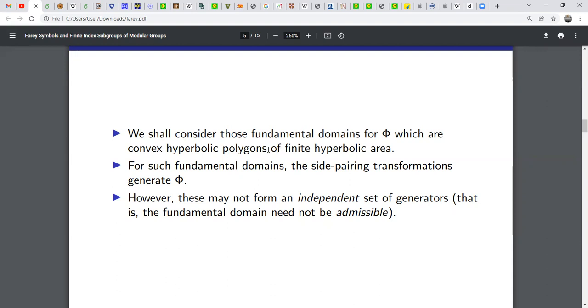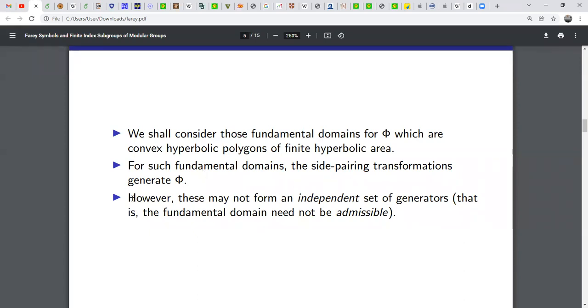And furthermore, we also assume that the hyperbolic polygons are finite in area. That is, phi has finite covolume, in other words. For such fundamental domains, the side pairing transformations are well known to generate phi, that is the finite index subgroup of PSL2Z under consideration.